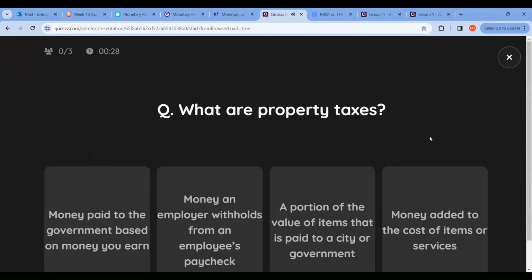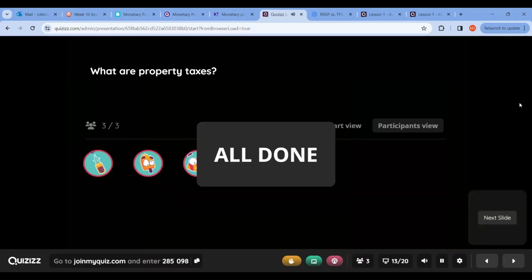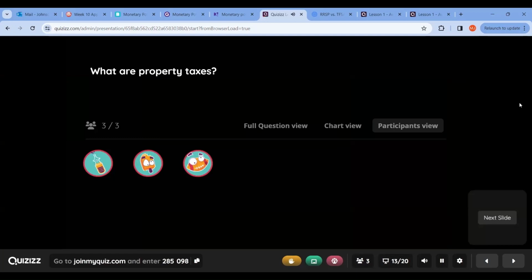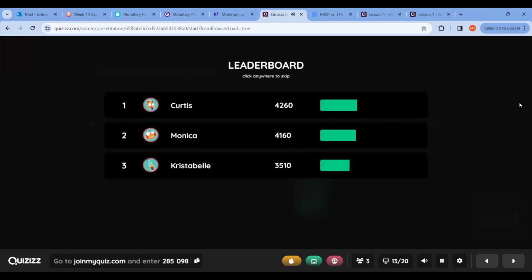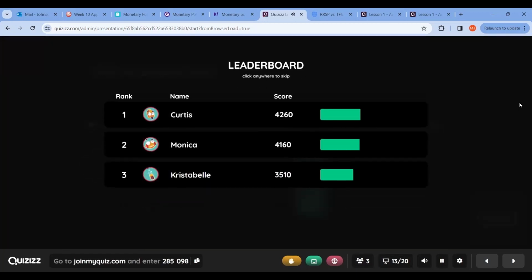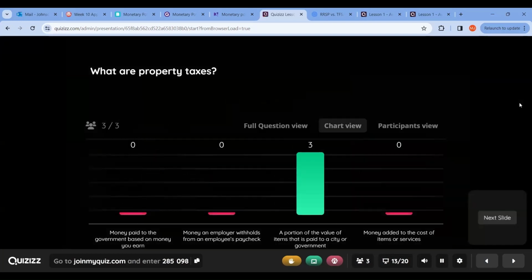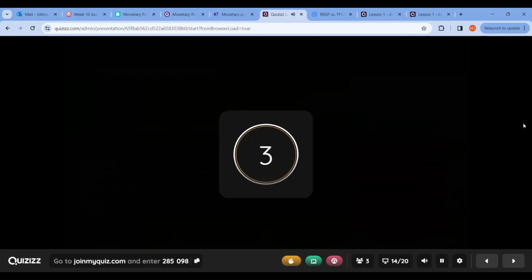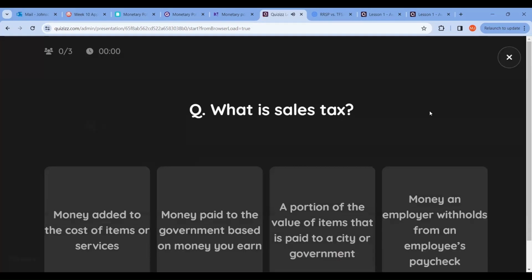So what are property taxes? So a portion of the value of items that is paid to the city or government, yes. So what is sales tax?